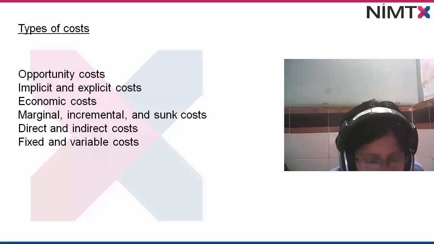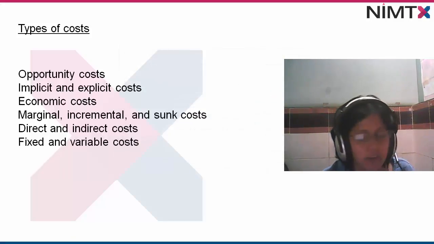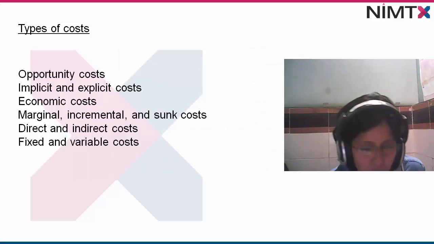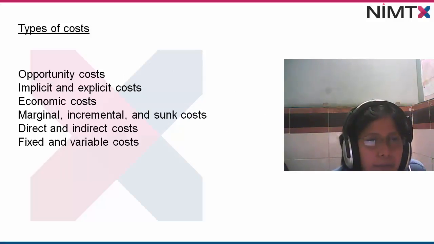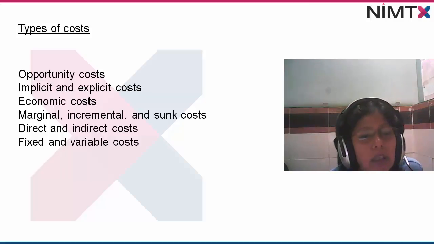Implicit costs are not included in the books of accounts, but still they have an important role in making decisions. And explicit costs are those costs which involve actual payments to other parties.